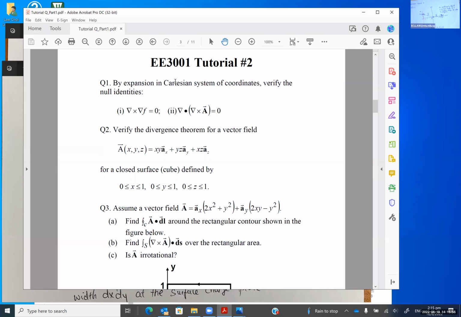Cylindrical, exactly. What are the unit vectors of cylindrical? AR, the radial unit vector. A phi, the angular. And then AZ. There's a third one. What's that?